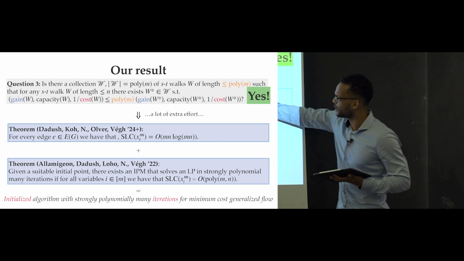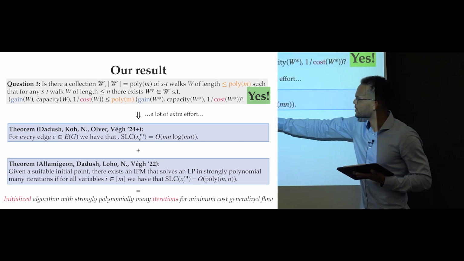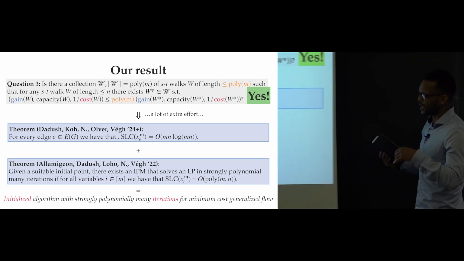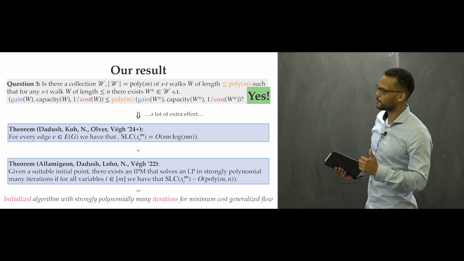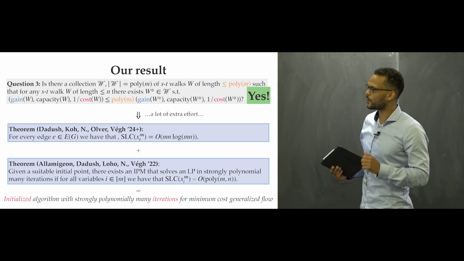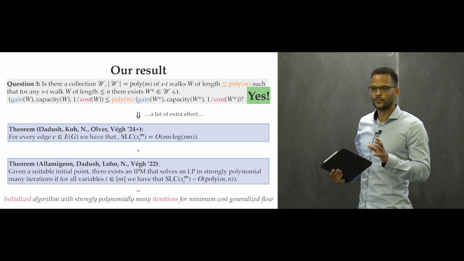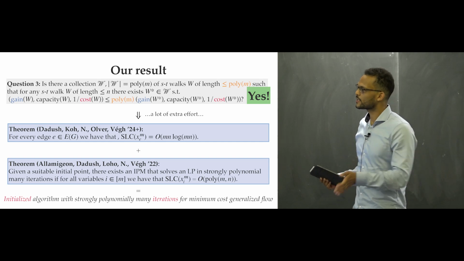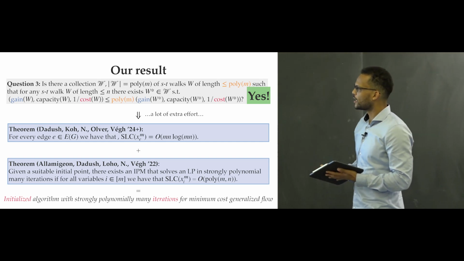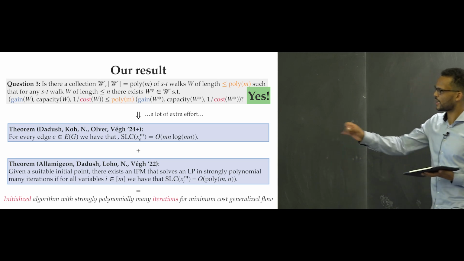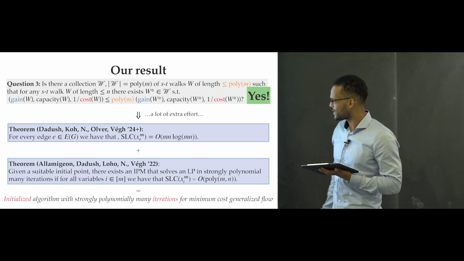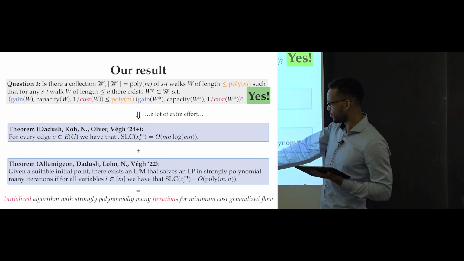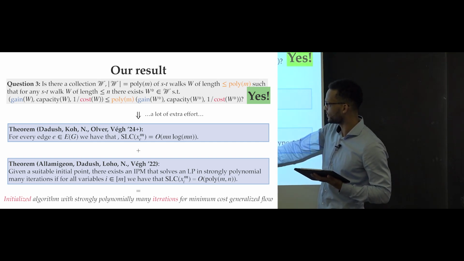Again, I did not really give much intuition of why this translates into an SLC bound. I gave intuition of why there's a collection of order mn many paths that only matter. And again, you can turn paths into bicycles and so on. This will give you the order mn bound. We had this result from 2 years ago, that the interior point method can be designed to run in strongly polynomial many iterations if SLC is polynomial.